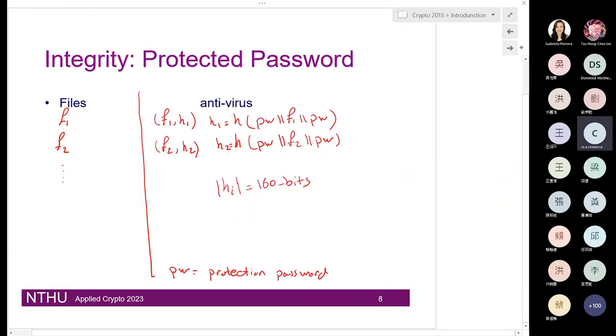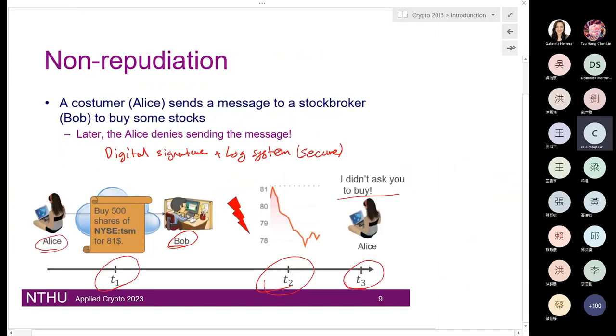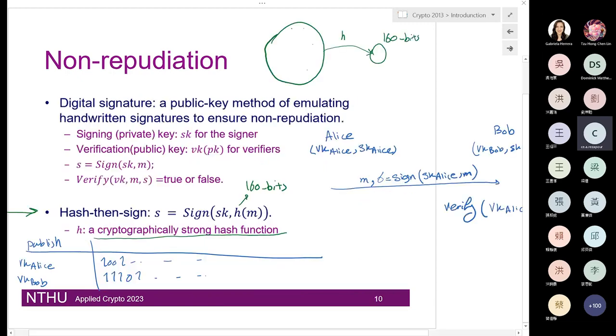We also discussed digital signatures, and at the end, we talked about non-repudiation. It may not be necessary for every system, but sometimes in the future you may come across systems that need such a property. It's just drawing your attention that there are cryptographic solutions for such a matter.